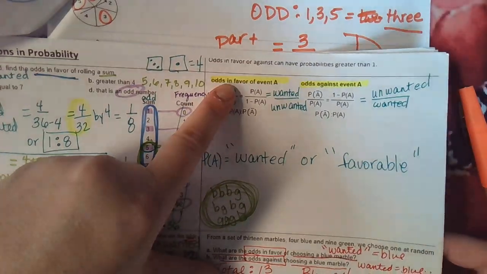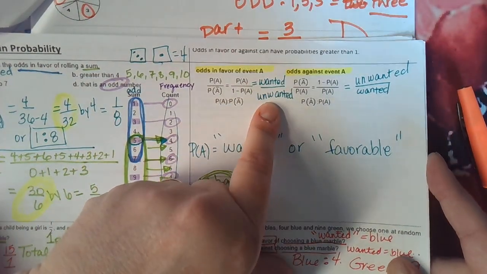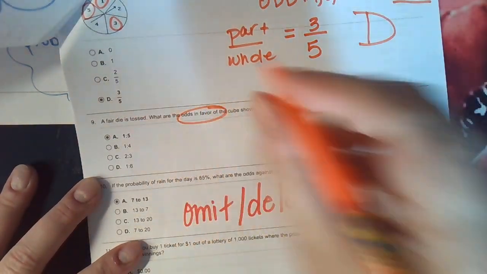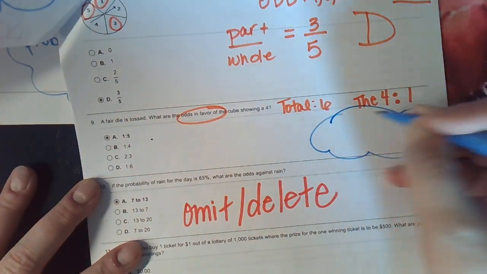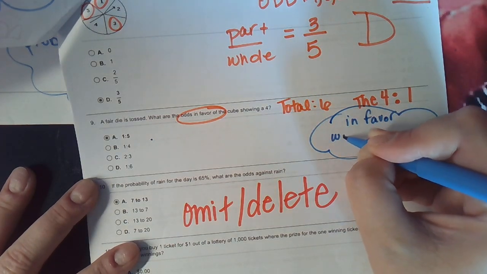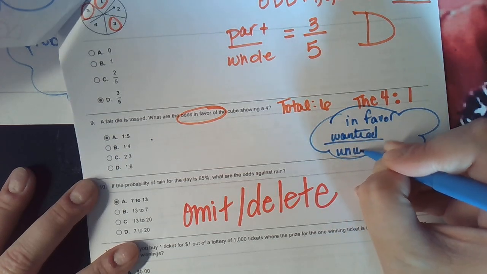Oh, here it is. Okay, odds in favor. You put the wanted over the unwanted. If you were to put something on your cheat sheet, I would say it's the wanted over the unwanted.